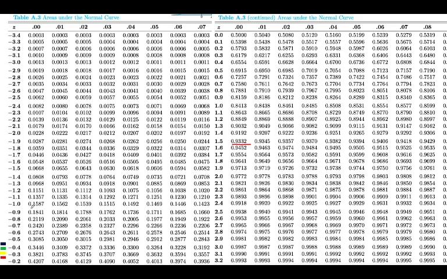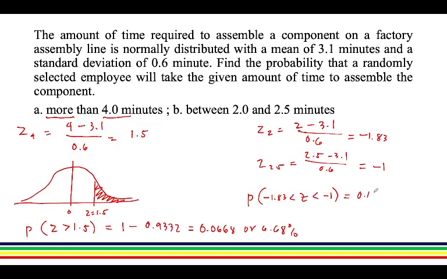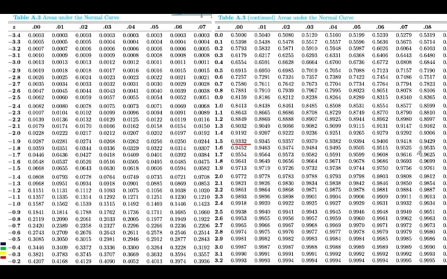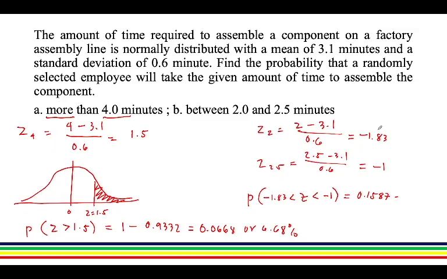So negative 1 is 0.1587 minus negative 1.83, that's 0.0336. That is equivalent to 0.1251 or 12.51%.